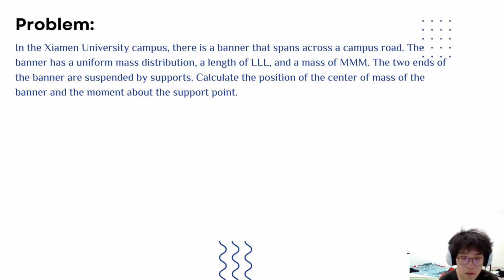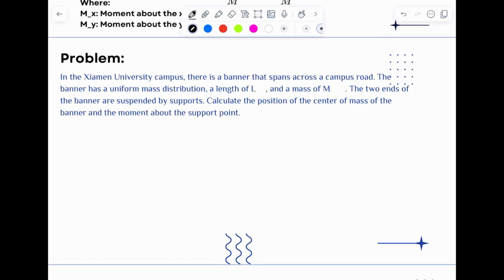Now comes to some problem solution. In this problem, at first, we know the length of the banner is L, and the mass of the banner is M. The two ends of the banner are suspended by supports, and then we will calculate the position of the center of mass of the banner.